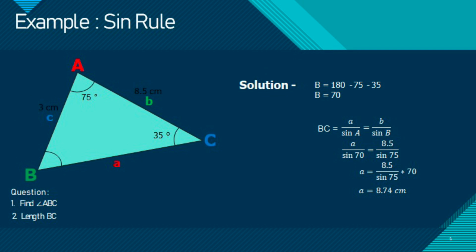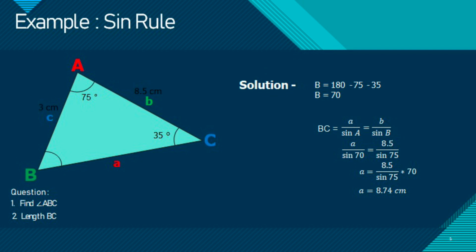The diagram given is a triangle and the sum of its angles is 180 degrees. We find angle B: B equals 180 minus 75 minus 35, which equals 70.